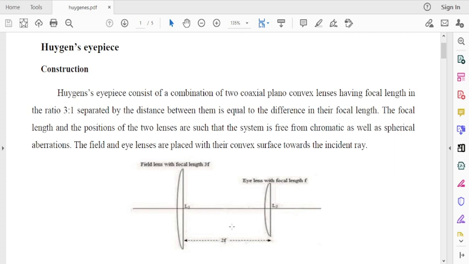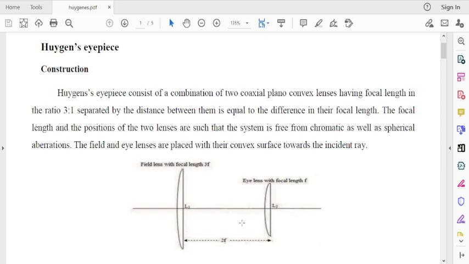See, this eyepiece is free from chromatic as well as spherical aberration. See friends, aberration is a term. It is nothing but a defect, we can say, in optics. Aberration, then astigmatism, coma, these are nothing but defects.